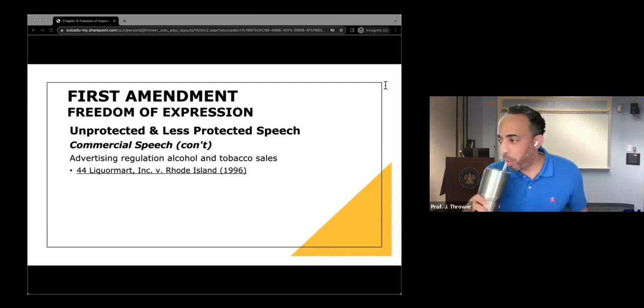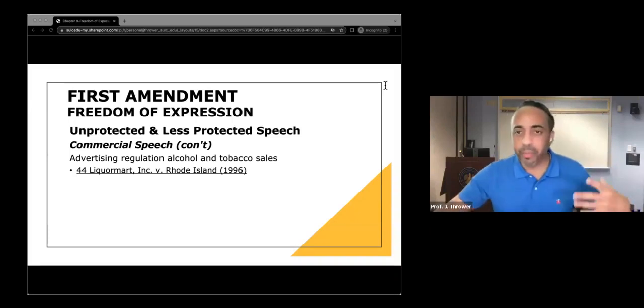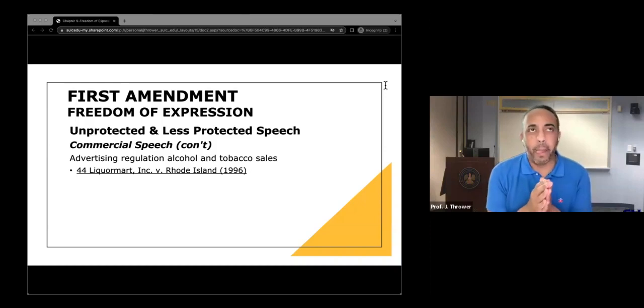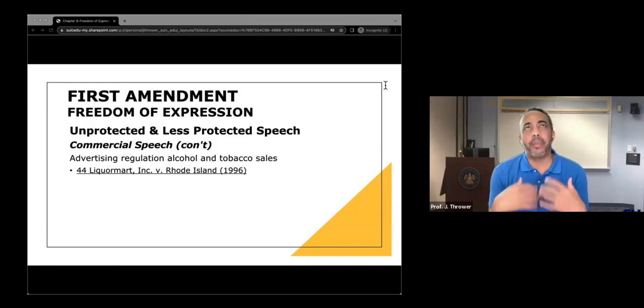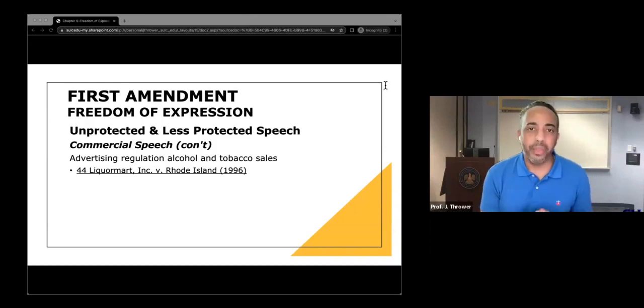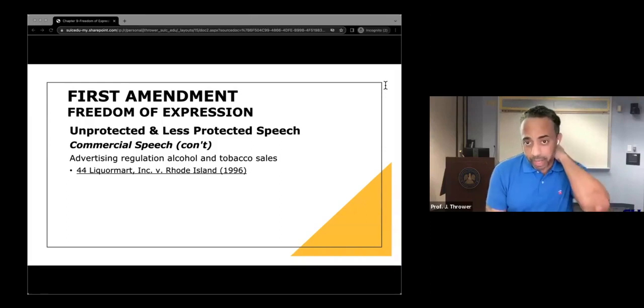Remember, the government always has the obligation to keep in mind the health, safety, and welfare of its people. And so the court notes in the Liquor Mart case that the government can't prohibit price advertisement of alcohol, even though it has an important interest in encouraging temperance.